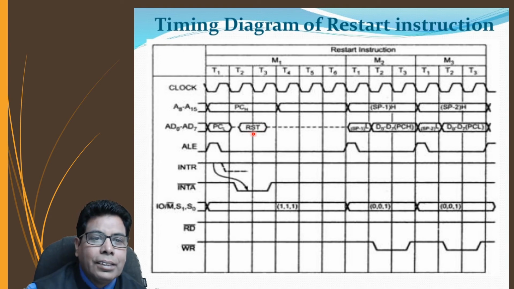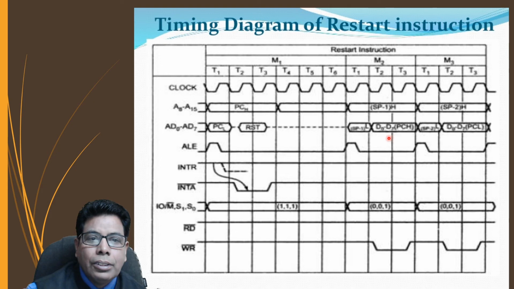So the RST instruction will be here, and during machine cycles 2 and 3 it will have the opcode. So the opcode will come on the data lines.